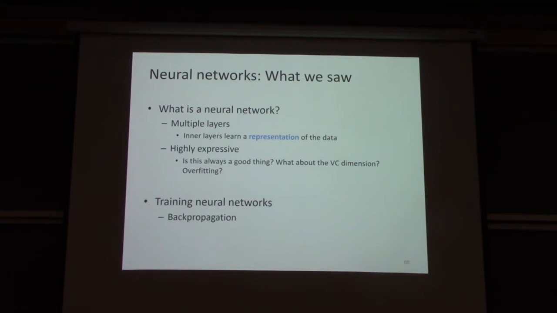You should think about whether extremely high expressivity is always a good thing. The answer is of course no, because the VC dimension gets very high and you will overfit. We looked at a high-level overview of how one might train a neural network, and the underlying difficulty was how to compute gradients, and the answer to that was the backpropagation algorithm.